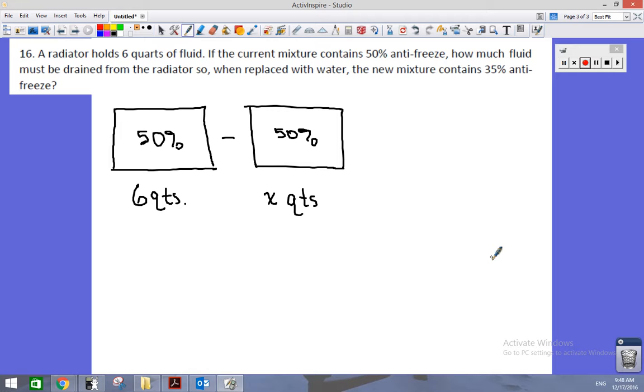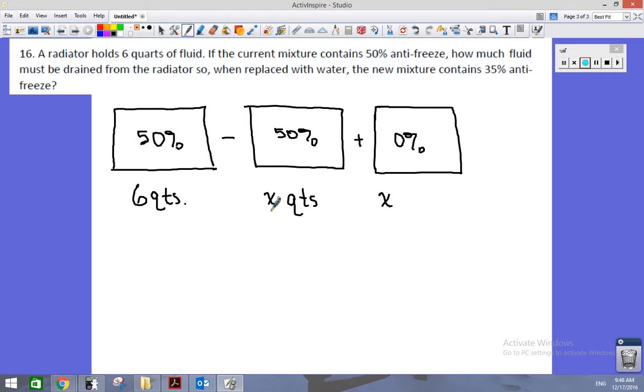So now that we've drained some of the fluid away, we have room in our radiator to add new liquid. So here we want to add water. Now water should be pure water. It doesn't have any antifreeze in it. Our percentage here is the concentration, the measure of antifreeze that's in the liquid. So water should have none, and you're going to fill it right back up to the rim.